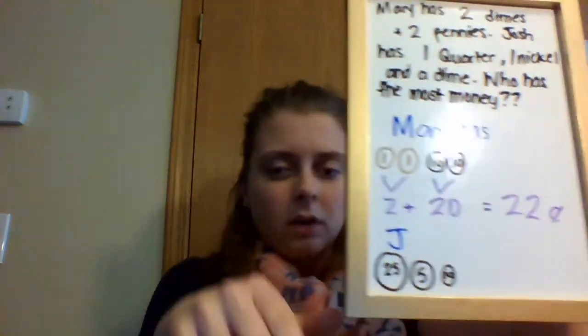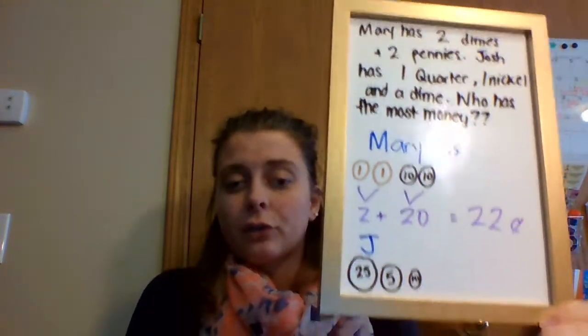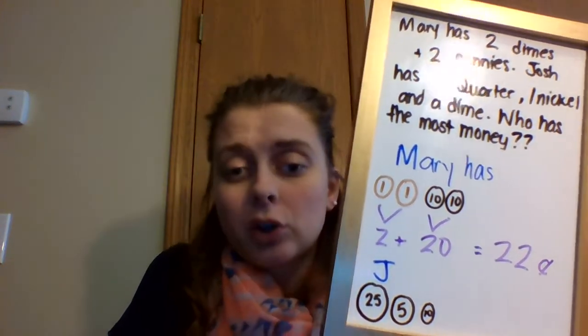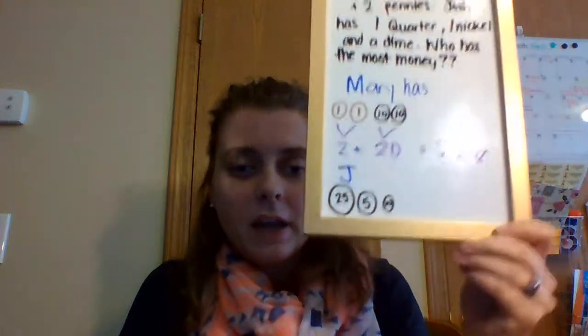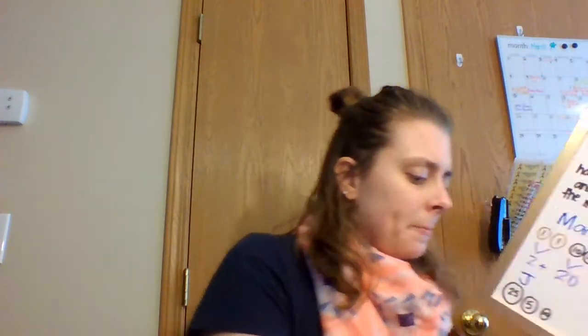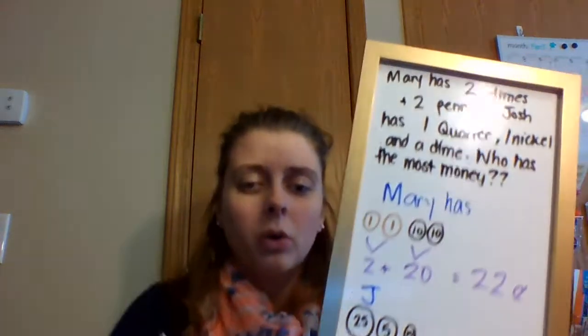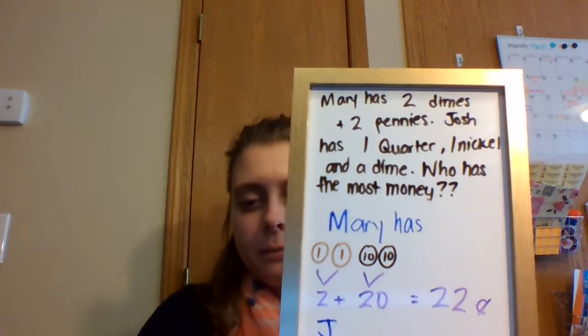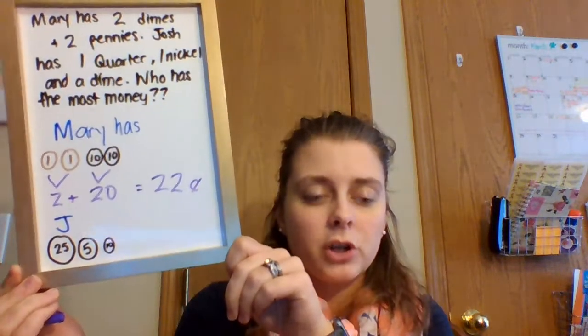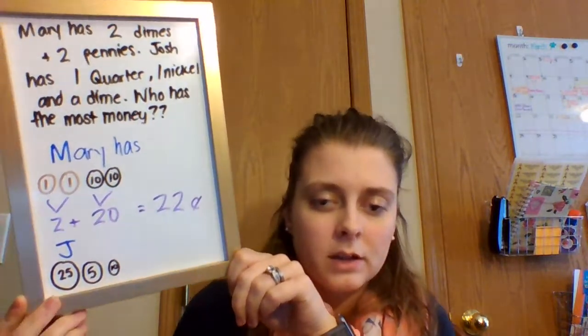Now, does Josh have 3 cents? No. He has 3 coins, but we need to count our money to figure out how many cents he has. So we're going to group our coins just like we did up here. You get to decide how you want to group your coins.